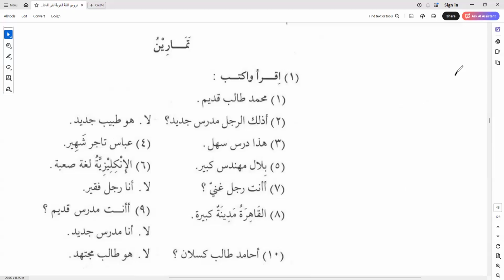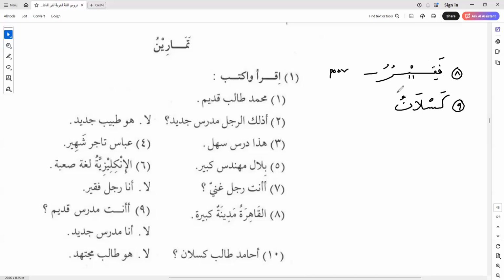So let's look at adjective number 8. If you are not wealthy, you are فقير. You are poor, very poor. And then number 9, we can talk about كسلان.